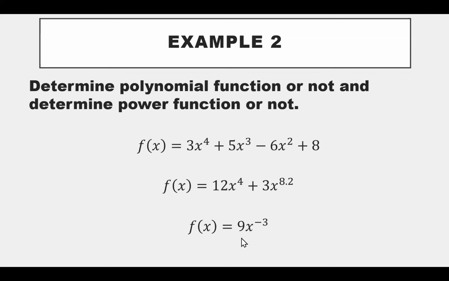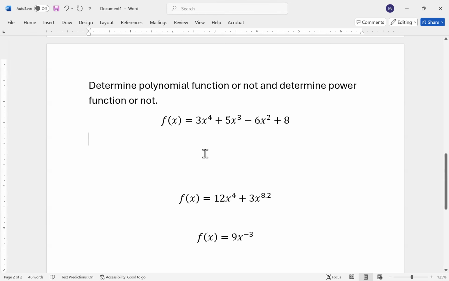And then a function whose output is 9x to the negative 3 power. Go ahead and push pause on the video and determine whether each of these is a polynomial function, and then whether each of these is a power function. I'll show you how that's done right now.